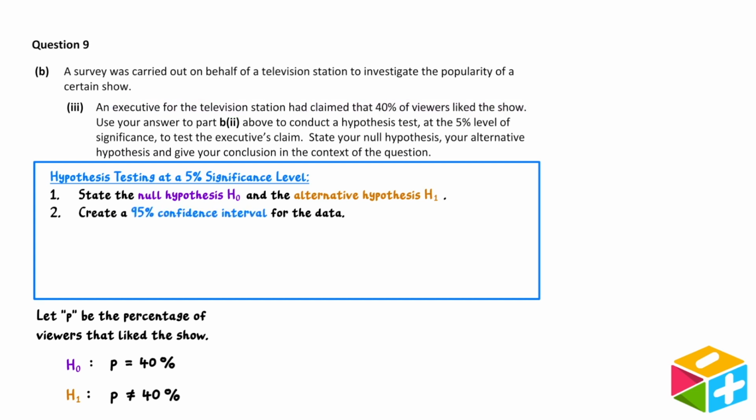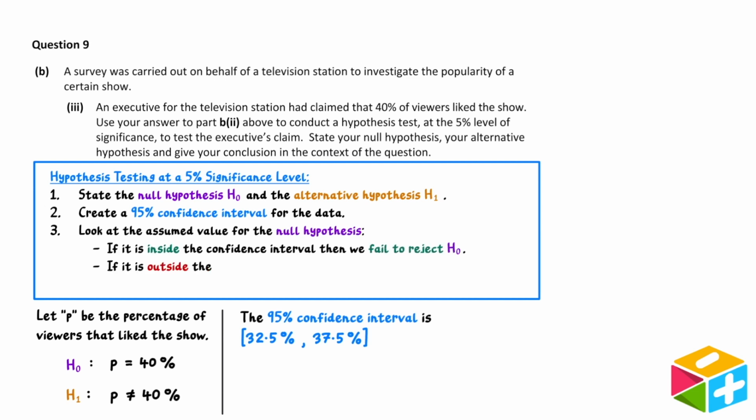The second step in our procedure is to create a 95% confidence interval for the data. Thankfully, we've already done this in the previous part of the question, and the 95% confidence interval we found was 32.5% to 37.5%.